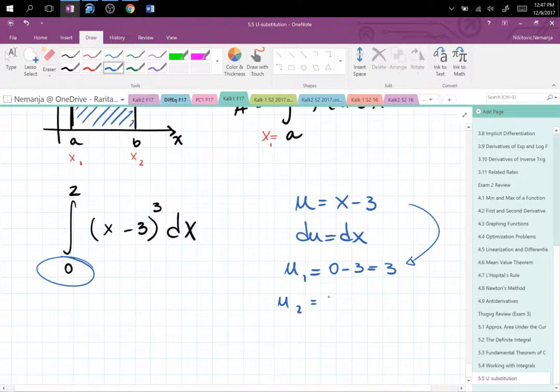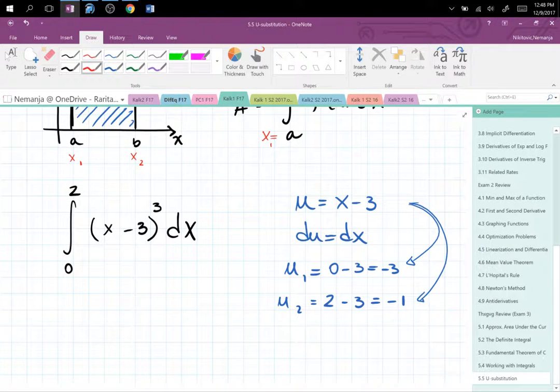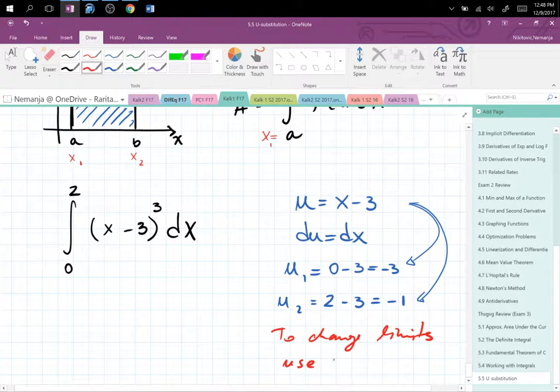And then u2 is 2 minus 3, which is negative 1. So to change limits, simply use the u sub equation.